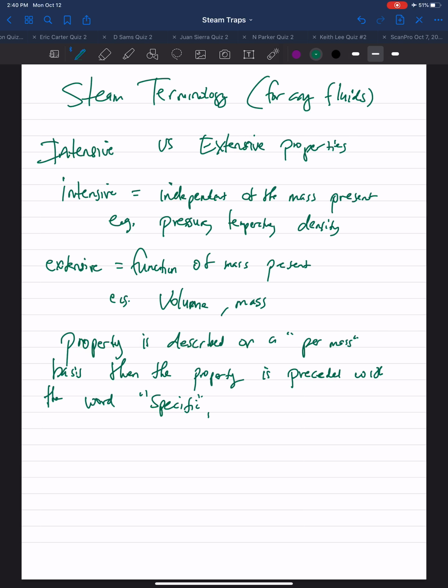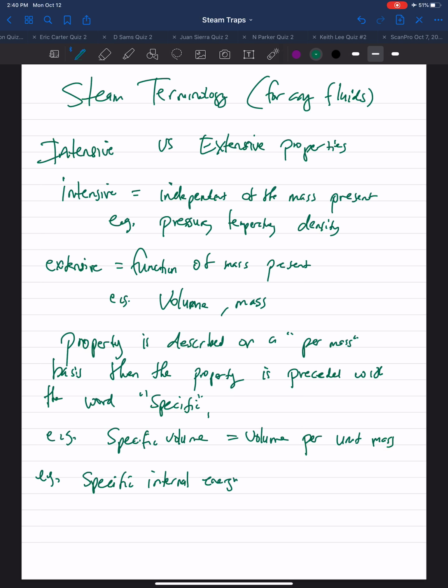So when you see specific, as in specific volume, for example, specific volume is volume per unit mass. And for example, specific internal energy is internal energy per unit mass.